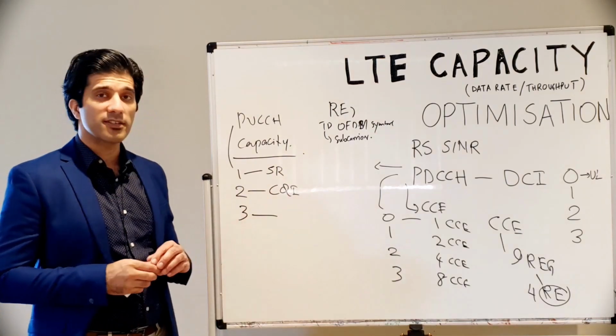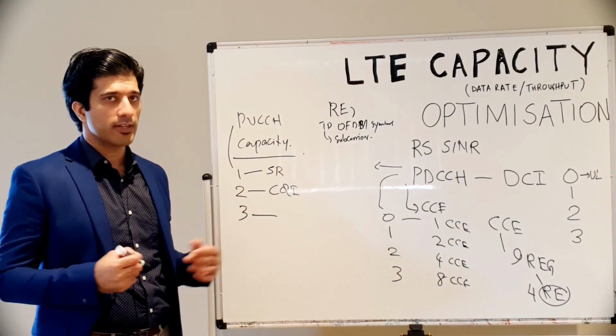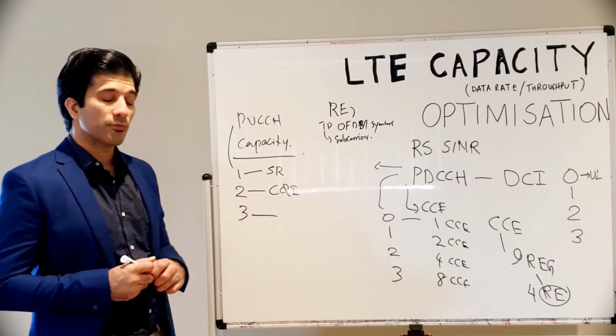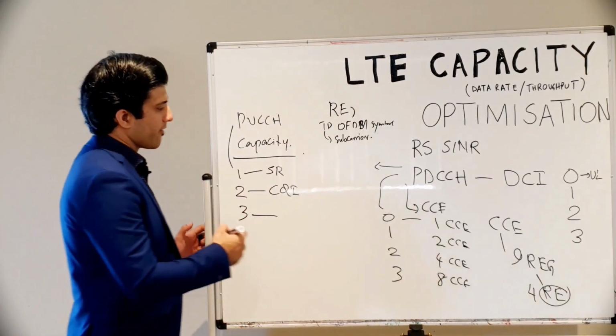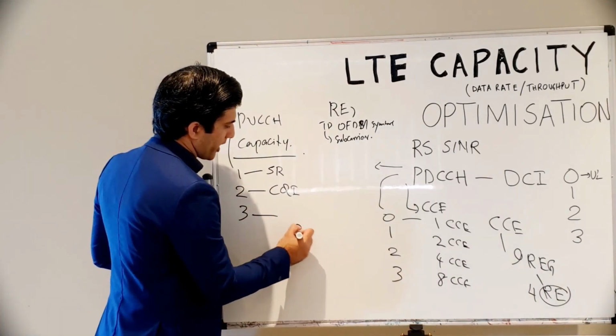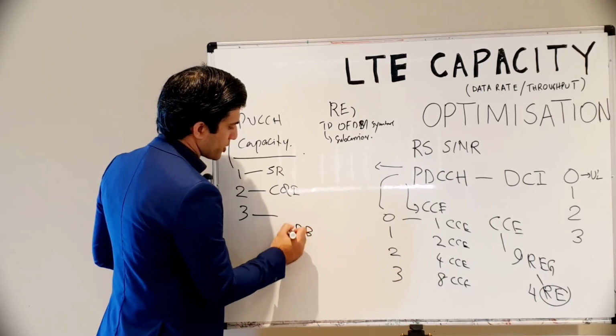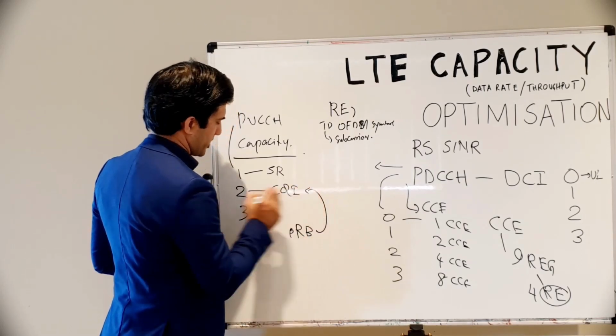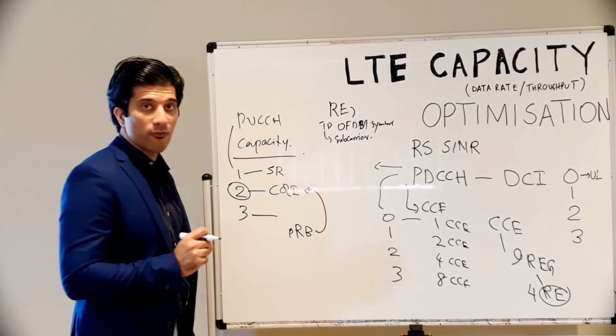Now what parameters do we usually optimize in terms of handling your PUCCH capacity? We have a parameter which describes how many physical resource blocks you allocate to this CQI format 2.